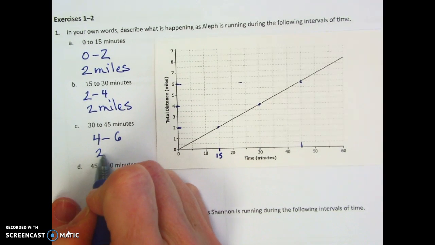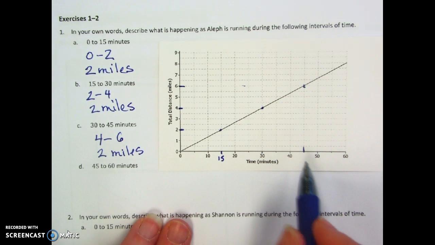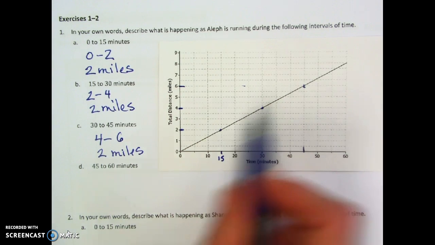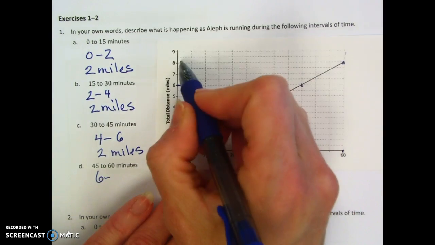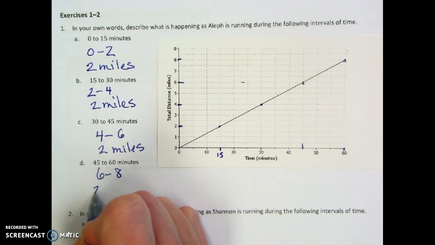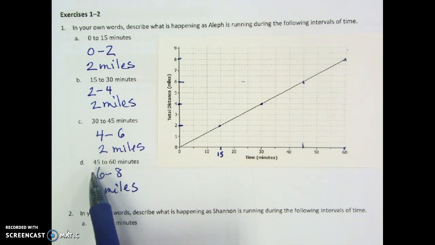From 4 to 6 is another 2 miles. And then from 45 to 60, at 45 we were at 6 and at 60 we're at 8, which is another 2 miles. So every time we run for 15 minutes, we will end up going 2 miles.